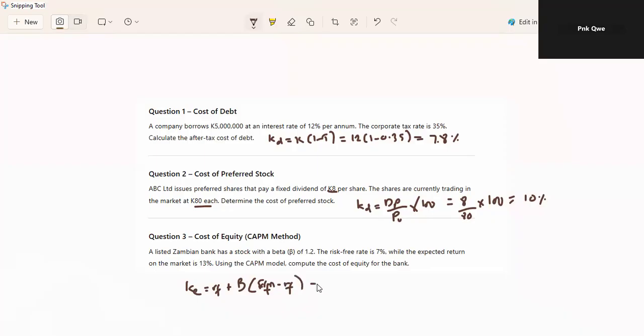So here we have what? Risk-free rate was 7%. Then beta was 1.2. Then expected market return 13%, minus a risk-free rate again of 7%. So what do you get here when you compute that?